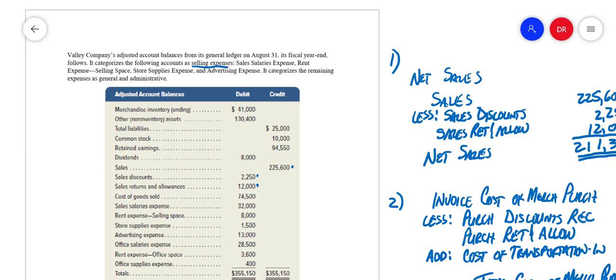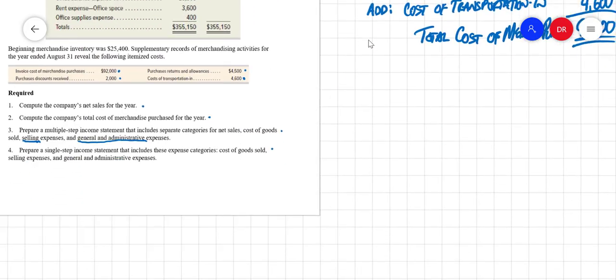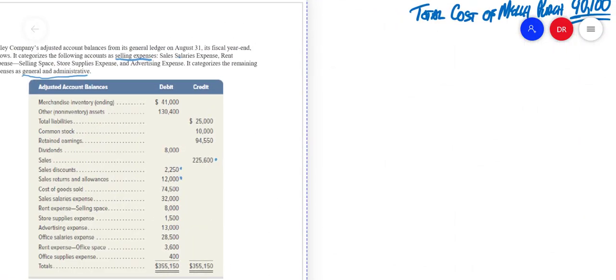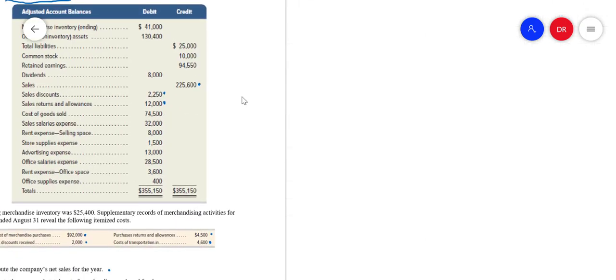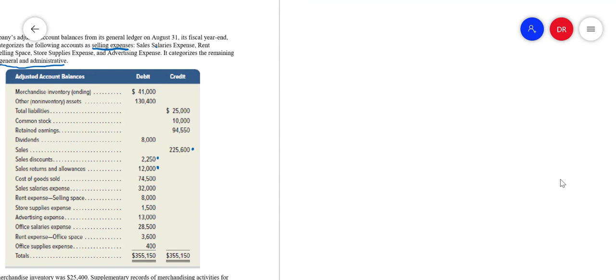Okay, we have sales salaries expense, rent expense, selling space, store supplies expense, and advertising expense. The remaining expenses are general and administrative. So in order to do this, I'm going to move this document down a little bit so we can look at the trial balance as we're preparing this.